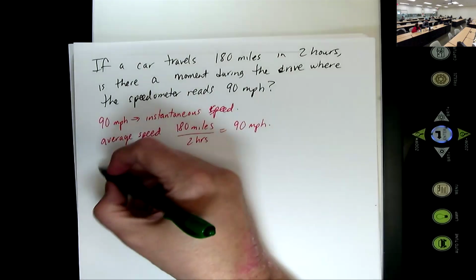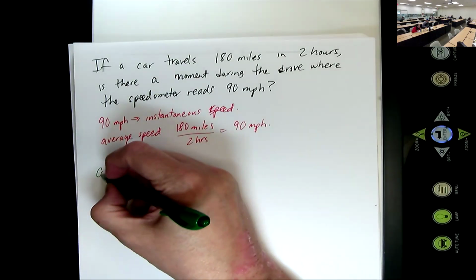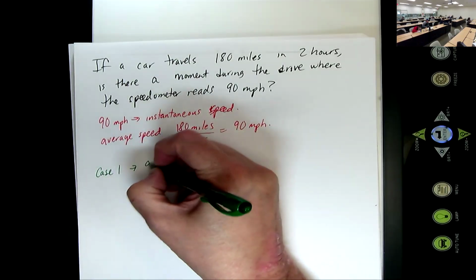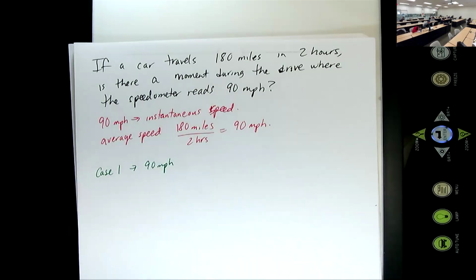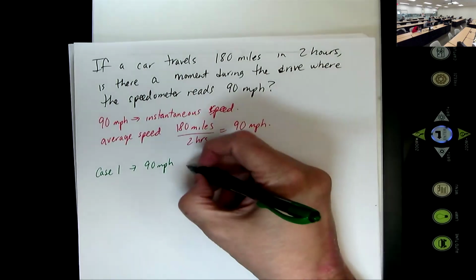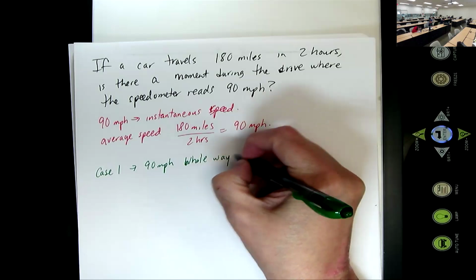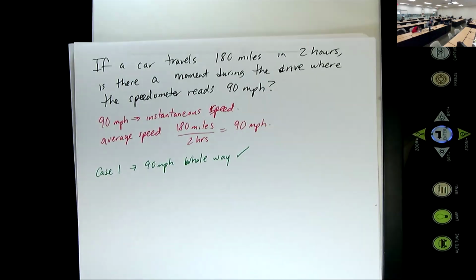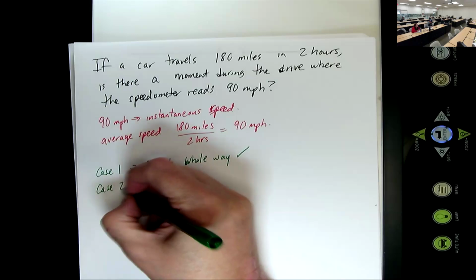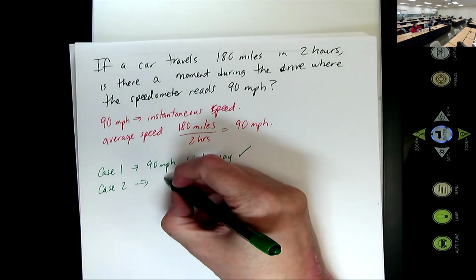Fair enough. There's a couple cases here. Case one is we were at 90 miles per hour the whole way, never lifted the foot, it was on cruise control the whole way, and this obviously works. Case two: at some point we were less than 90.